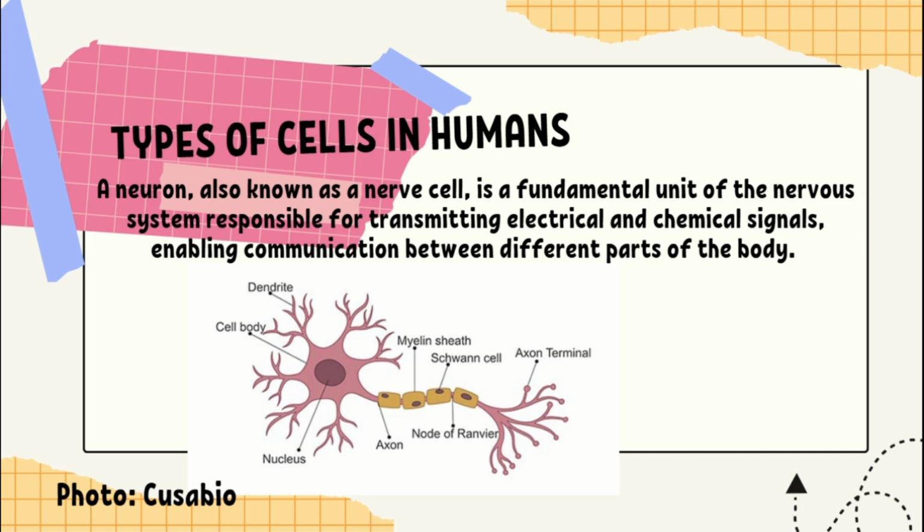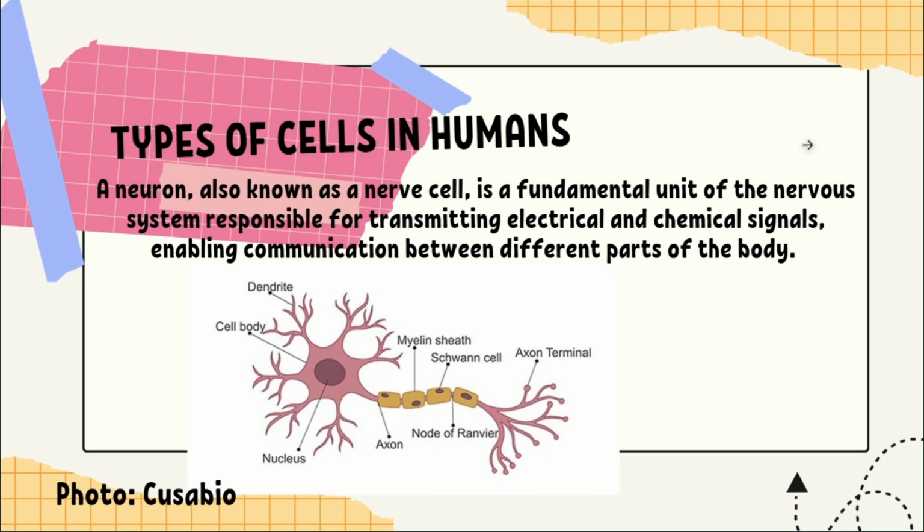It is a part of the nervous system, and it's used to transmit electrical and chemical signals, right? Knowing how nerve cells work will be very beneficial and very important, how they operate and how they function.